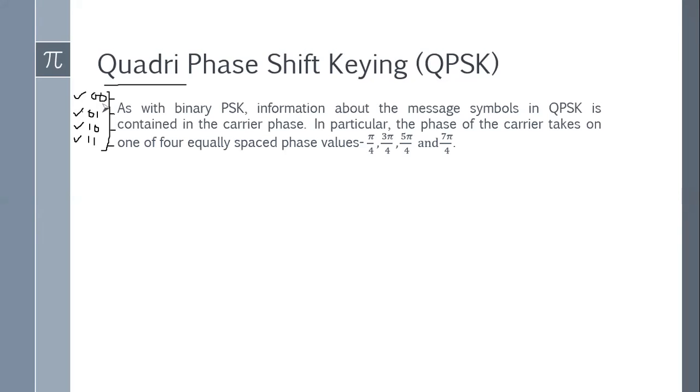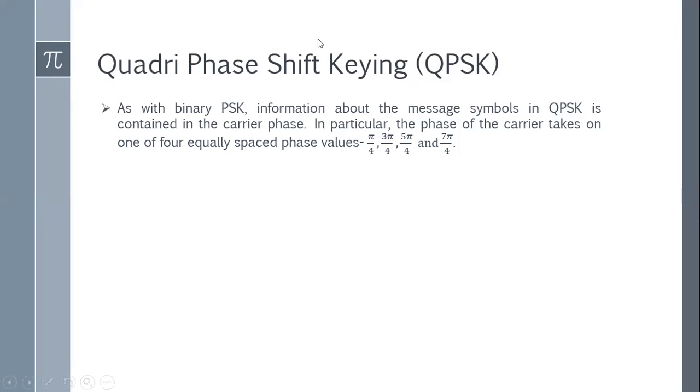So now let me clear this. As I have said, we will be using four phases. The four phases are pi by 4, 3 pi by 4, 5 pi by 4, and 7 pi by 4.